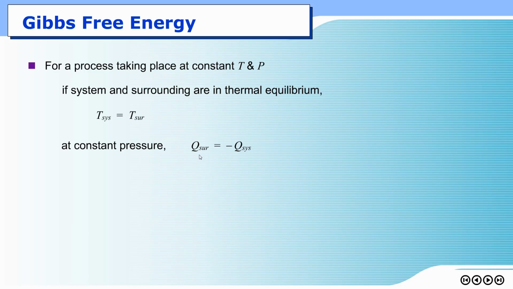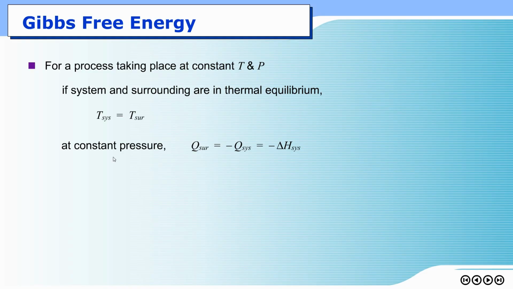However, if we focus on the surroundings, the sign of the heat would be opposite to what we consider for the system. So we can create a relationship that the heat of the surroundings should be the same as the heat of the system, but with a different sign.